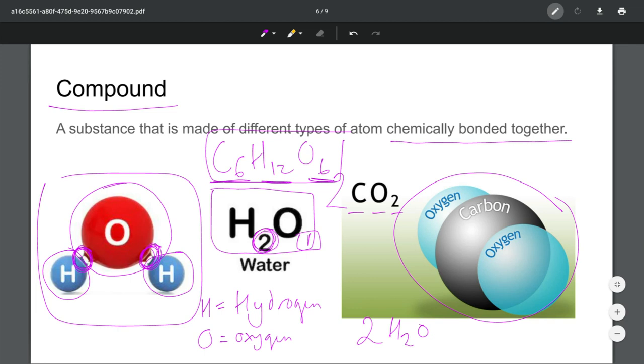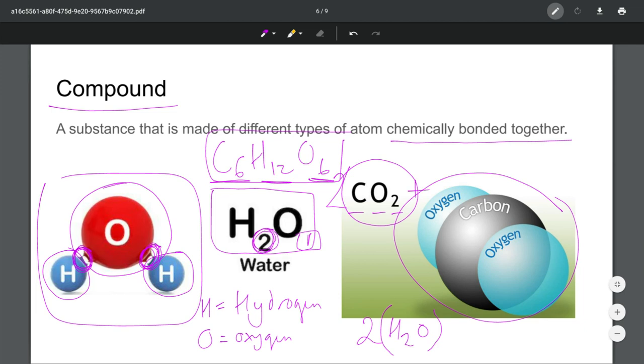Okay, so when you see the big numbers at the beginning, that's talking about the entire thing. Okay, 2 lots of everything. Technically, I suppose, if you were doing it in maths, you would have brackets around it. But it doesn't work like that in chemistry. You just have to know that a big number means 2 of everything after that, and then you might have plus, and then something else.